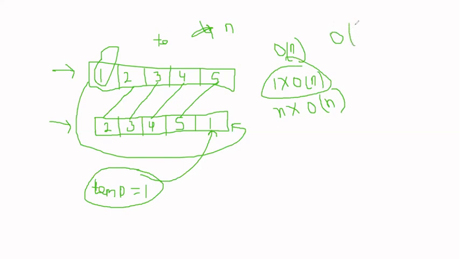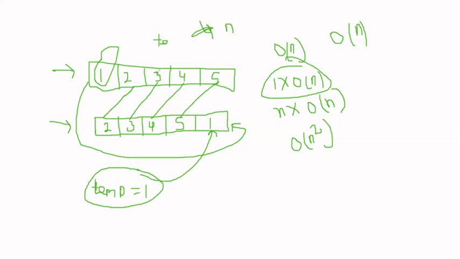When someone has asked us to perform n left shift operations, what will be the time complexity? It will be n into big O of n. So it will be big O of n square. Is everybody clear with it? Why am I writing big O of n square? Aryan, is that clear now? For one left shift, it is big O of n. For n, Aryan is not clear.